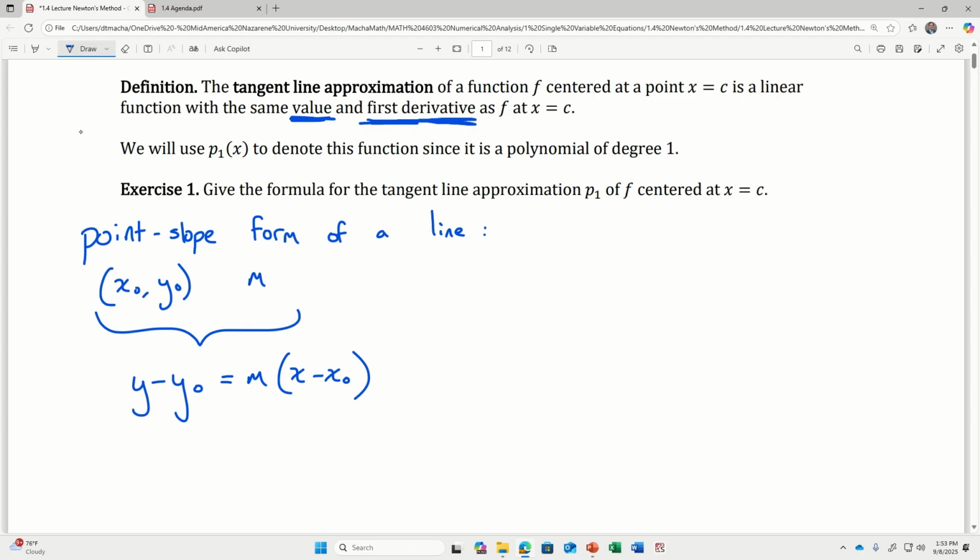In our case, we want our tangent line to have the same value as my original function at the point x equals c, and it should have the same slope, or the same first derivative, as the function. A lot of times we like to solve explicitly for y, and so a tangent line formula would be like this.